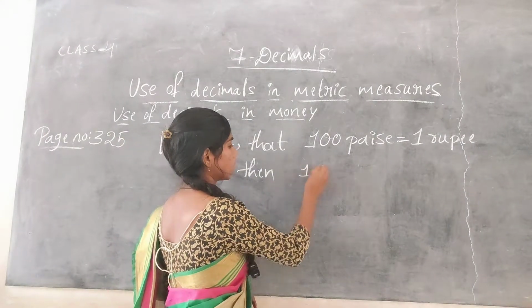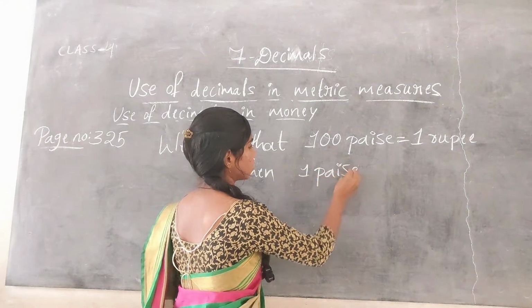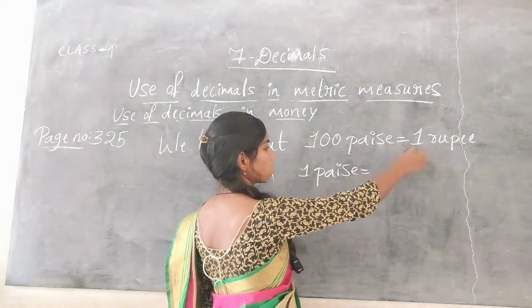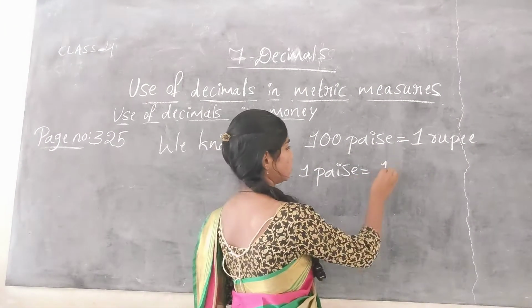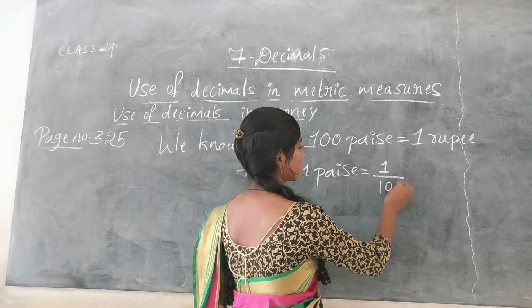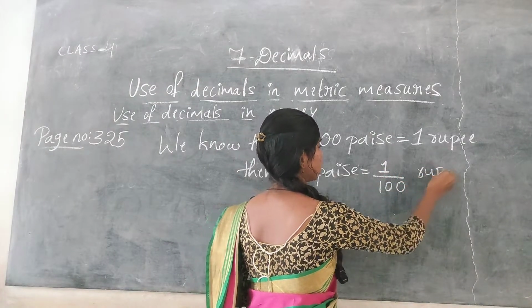1 paise is equal to, so divide this 1 rupee by 100. 1/100th of a rupee.